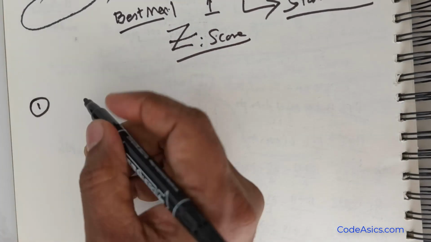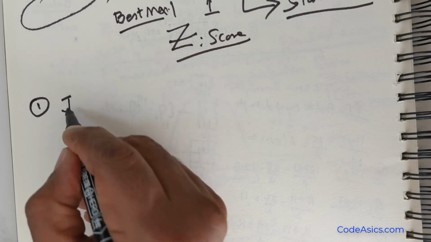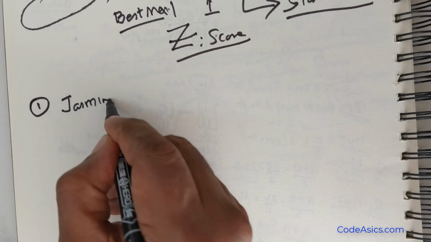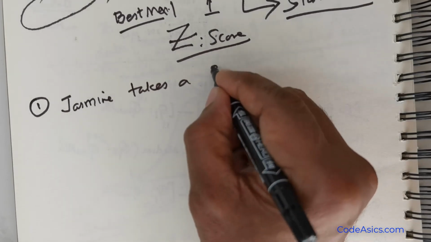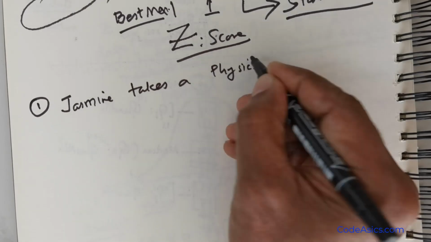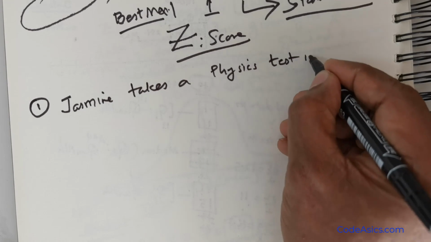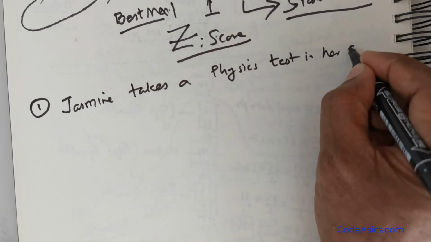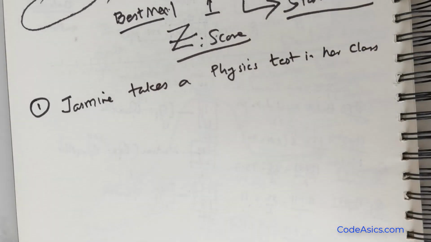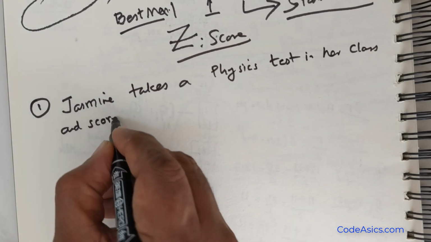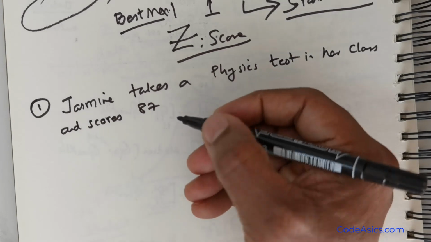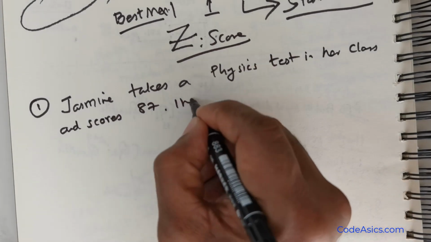Let me write that down. Say you have Jasmine. Jasmine takes a physics test in a class, of a certain population, and scores 87 over 100.